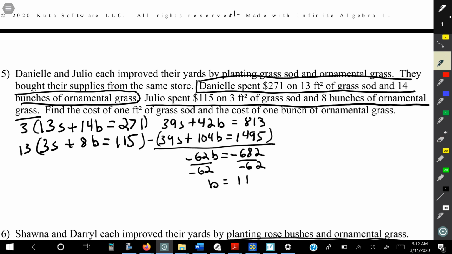All right, so now I've got 11 bunches of grass here. And I'm going to take this 11 and plug it into one of these equations. Let's see, I'm going to plug it into this equation here. So I have 3 times 11 plus 8b is equal to 115.